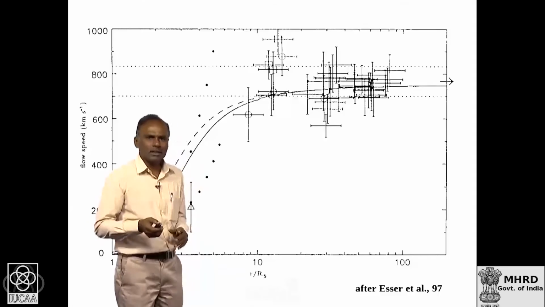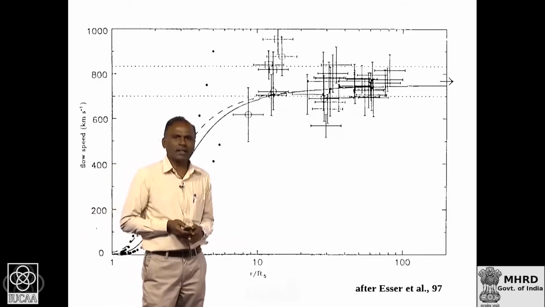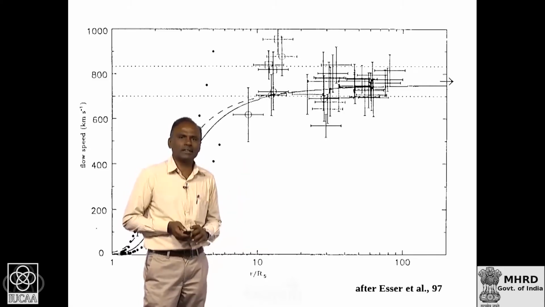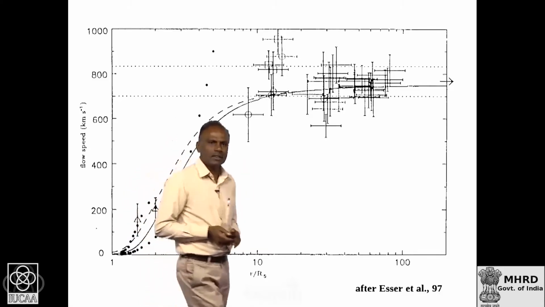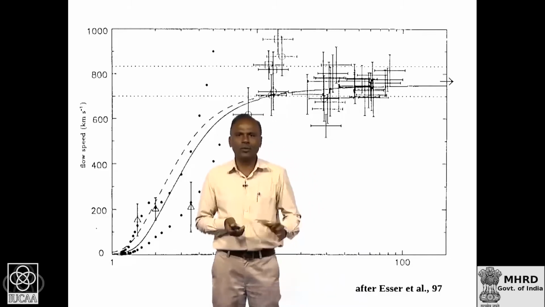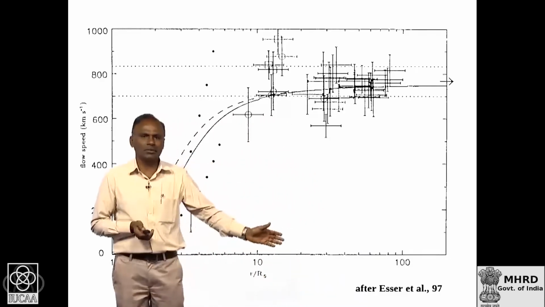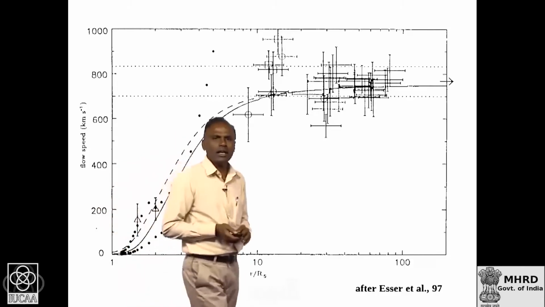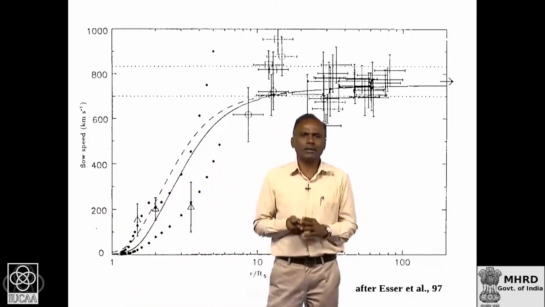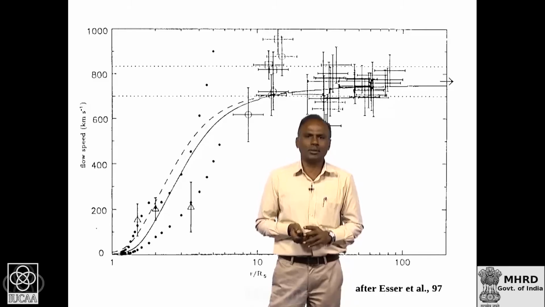Okay, so this plot shows in the x axis the distance from the sun, and in the y axis we see the acceleration of the solar wind as we go from something like 1 solar radii to 10 solar radii, but for a given distance we see a large variation in solar wind speed also.